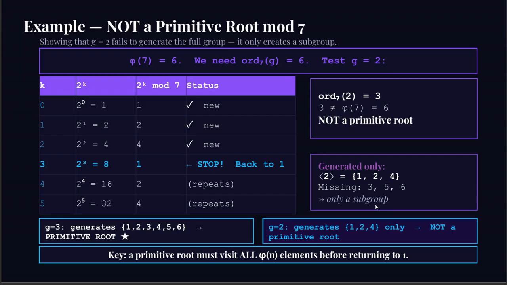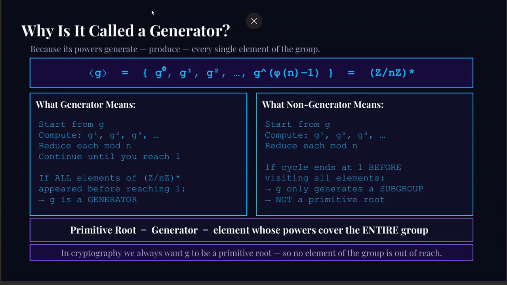So primitive roots are often called generators. Let us understand why. The set angular bracket g consists of all powers of g. Like angular bracket g equals the set of g power 0, g power 1, g power 2, etc. In the general case, if angular bracket g is equal to Z_n^*, then g is a generator.